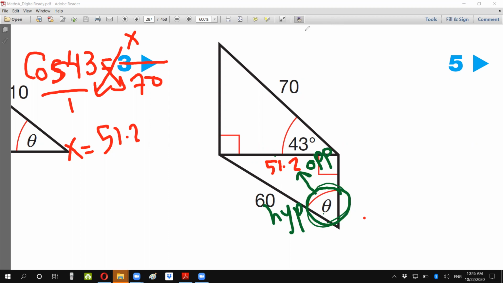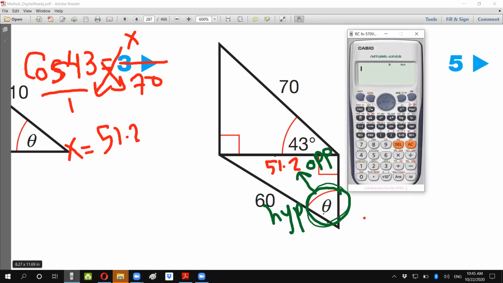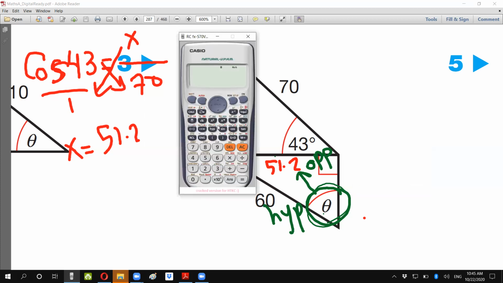Look, how can I remember them? I say opposite, adjacent, hypotenuse, in that order. Look at the calculator: sine, cosine, tan.